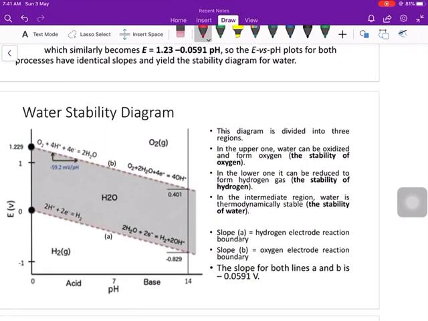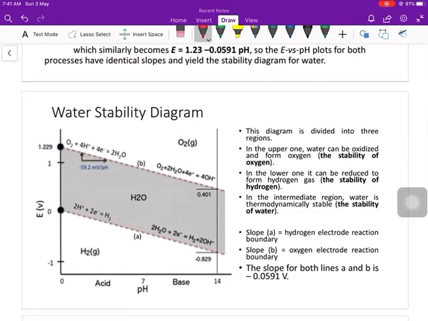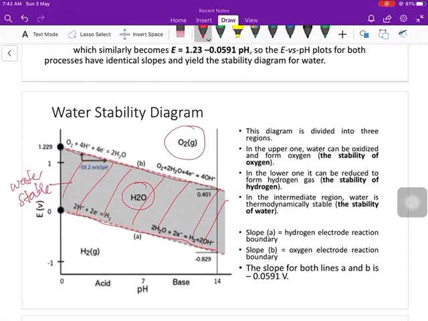So end up you have divided the diagram into 3 regions or domains. In between, this is oxygen electrode reaction. This is hydrogen electrode. So at the middle, where the water is stable, this water is stable, and the top one, water in the form of hydroxide tend to form oxygen.